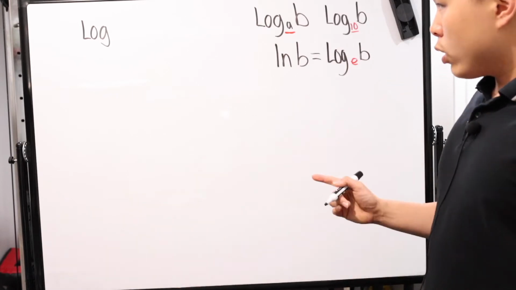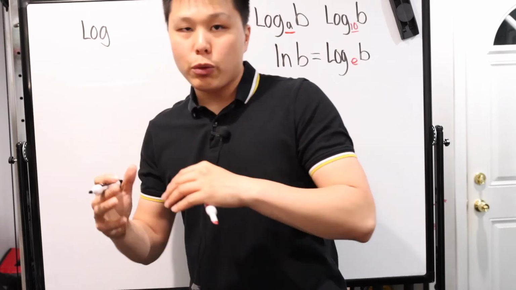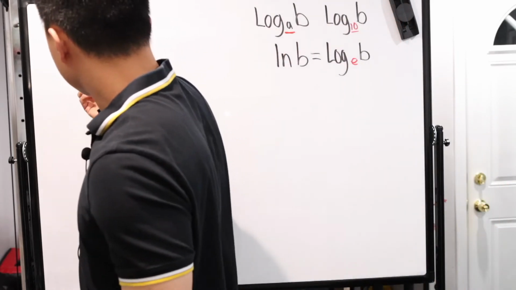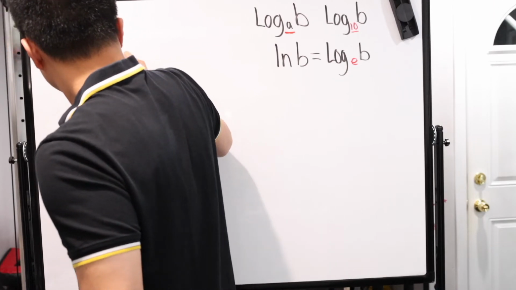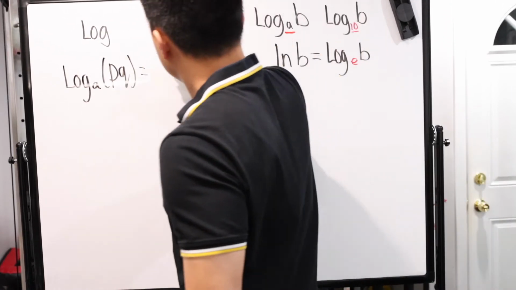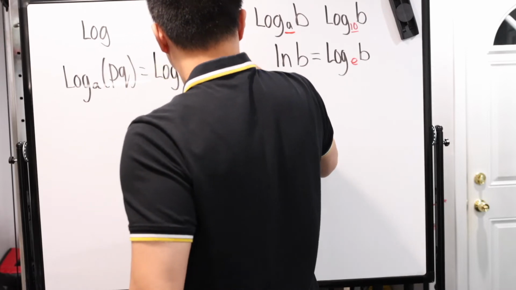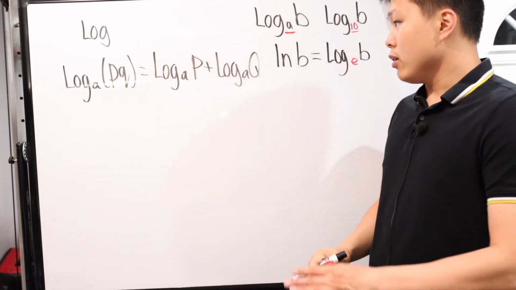Now, what do we know? Well, first and foremost, once again, log is very closely related to exponent. So a lot of the properties are going to be very similar. So for example, let's look at the most common one. Log base A of P times Q. That's equal to log base A of P plus log base A of Q. Oh, okay, look.